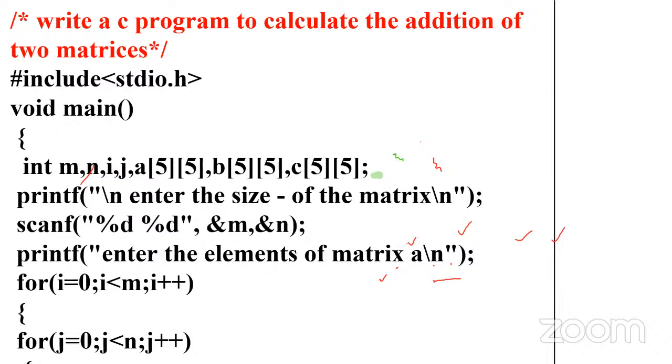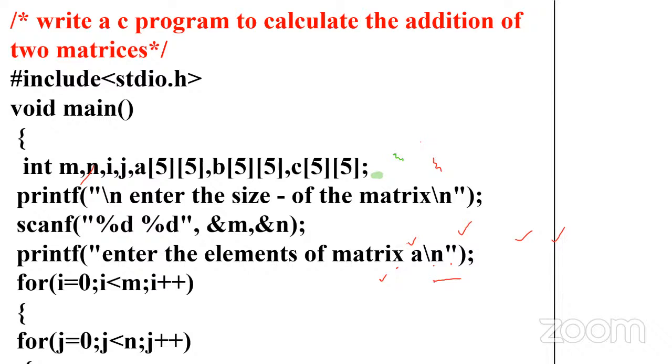I am declaring 5 by 5, which means you can take a maximum of 5 rows and 5 columns. Similarly, B also has a maximum of 5 rows and 5 columns. Similarly, I have taken one more matrix, that is C. C also has a maximum of 5 rows and columns. You can take less than that also, no issue, okay? But the maximum size is 5 by 5.